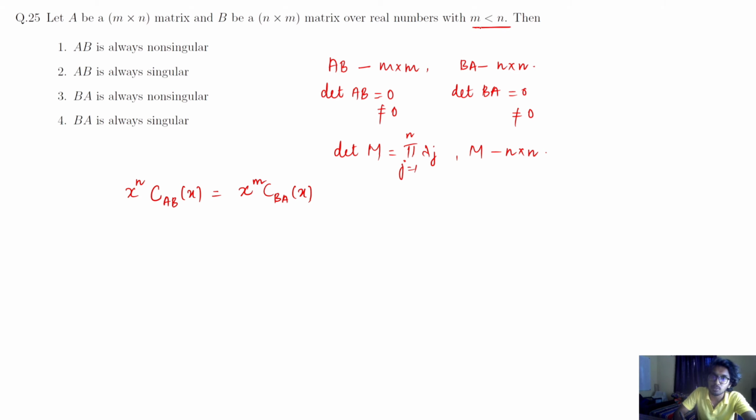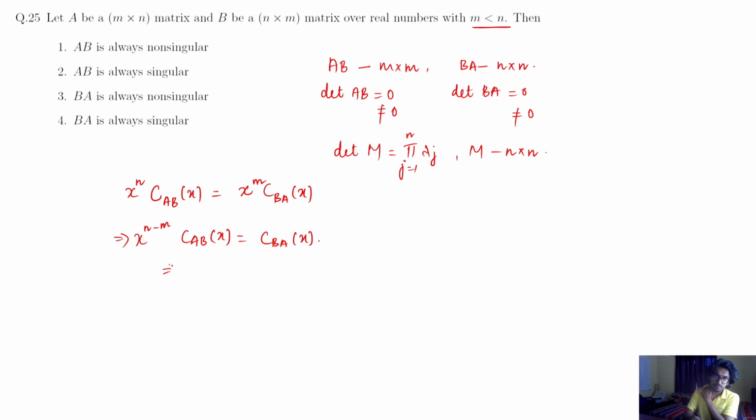Here m is given to be the smaller value, so what you can do is take it so that x power n minus m has a positive power, times the characteristic polynomial of AB of x, which is the same as the characteristic polynomial of BA of x.